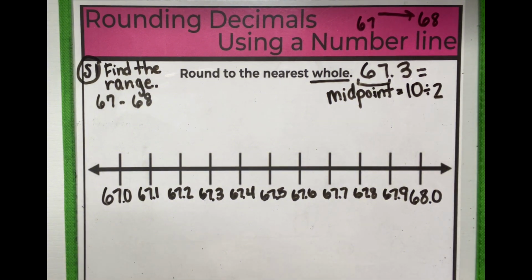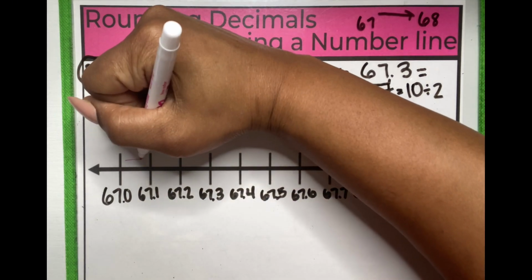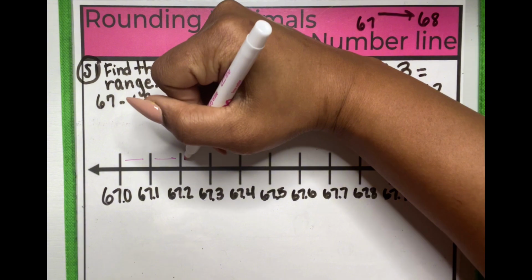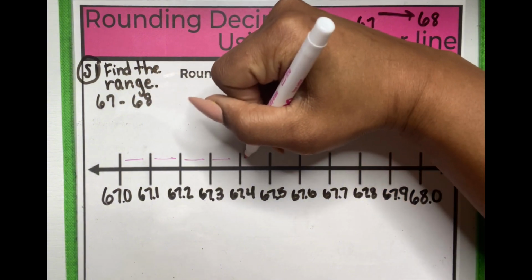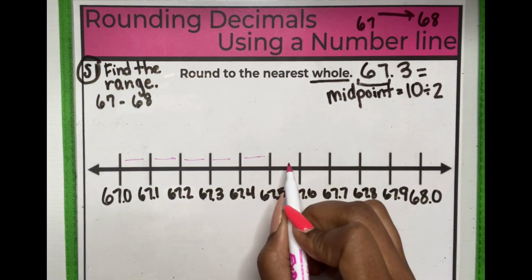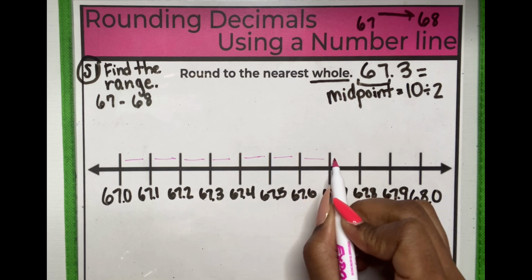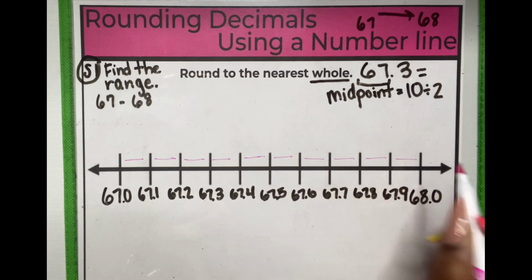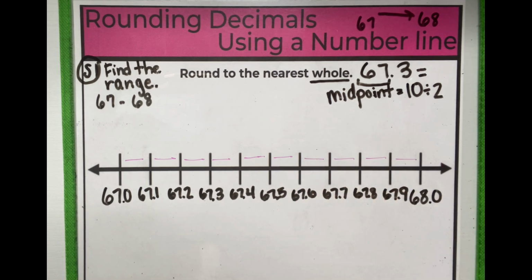Because what did we just count? When we created our number line, we placed those 11 tick marks, and those 11 tick marks created these 10 spaces or tenths.